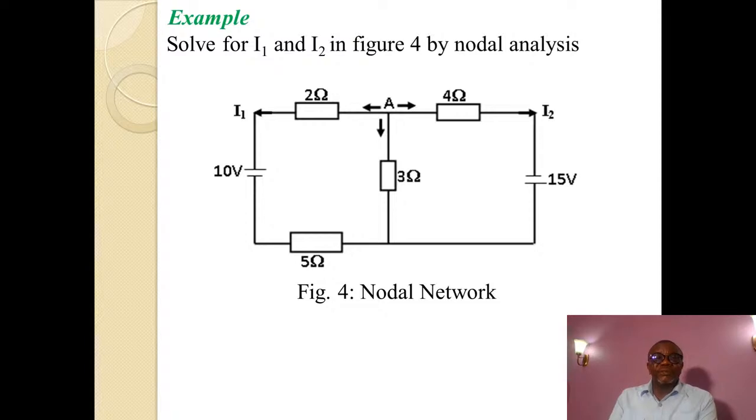The 10 volt source has 5 ohm internal resistance, but is connected to a 2 ohm resistor, supplying current to 3 ohms. And on the right, you have 15 volts also supplying current.